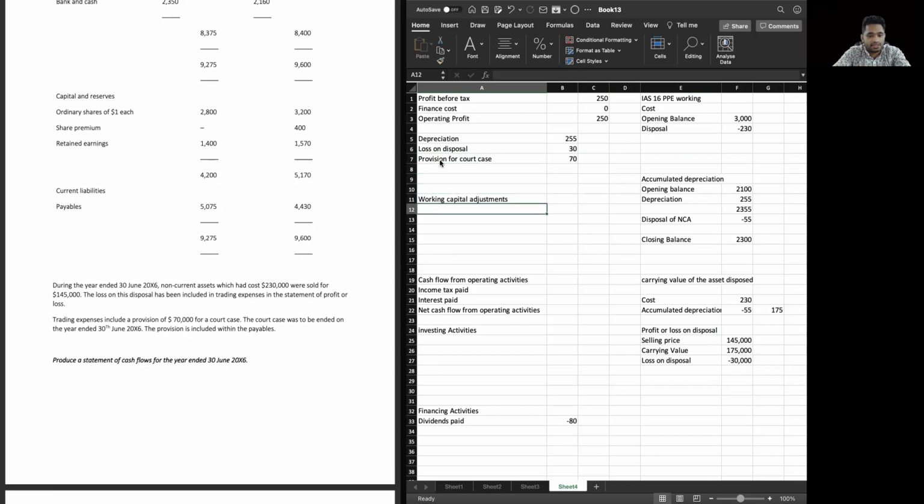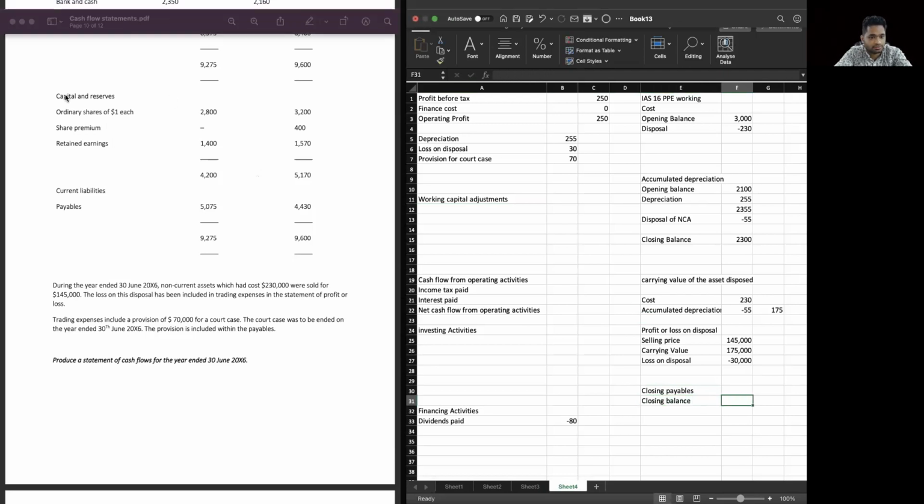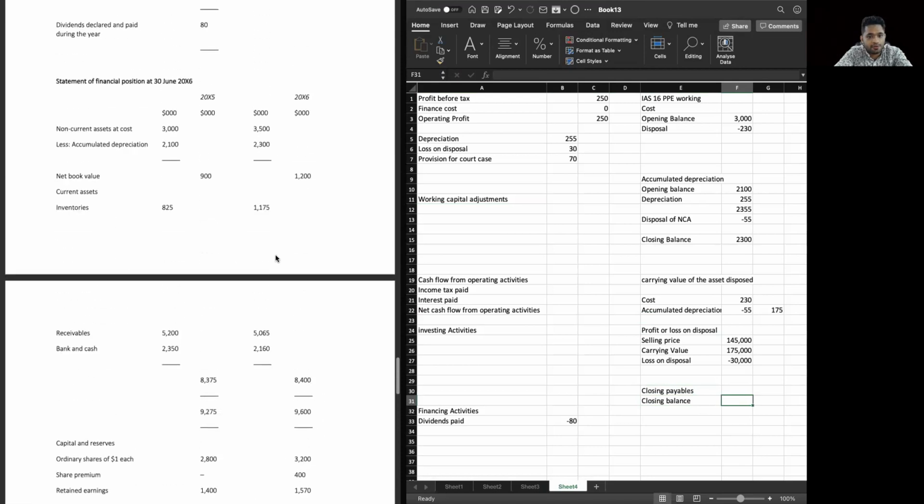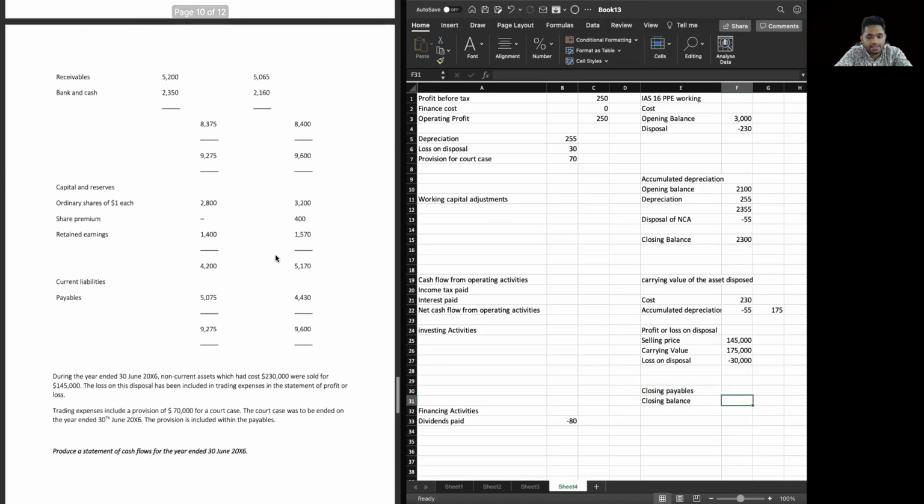And this provision is included within the payables. So that means your closing payables needs to be adjusted to remove this provision. So the closing balance of your payables is 4,430.